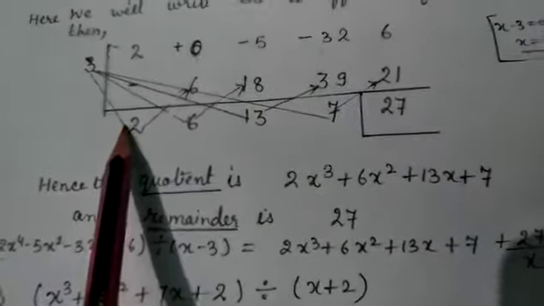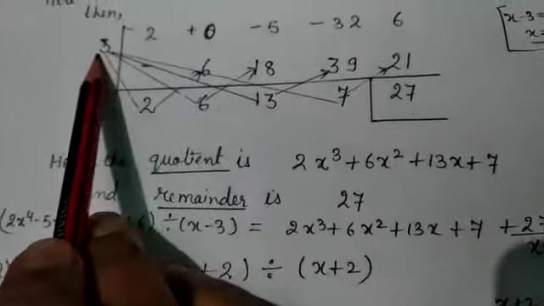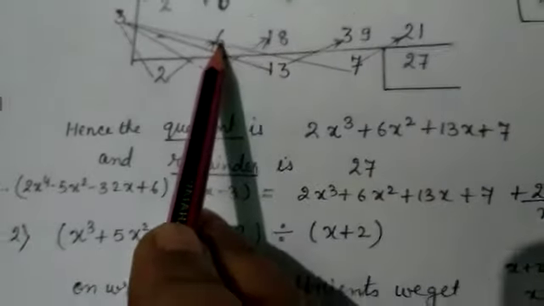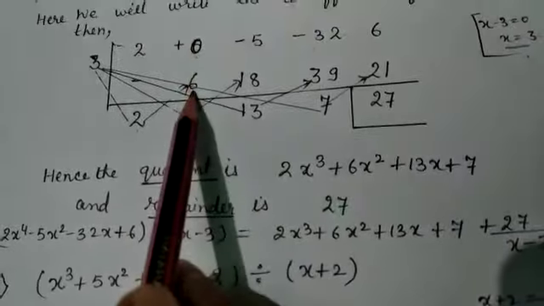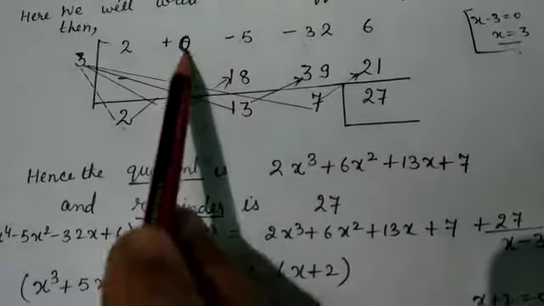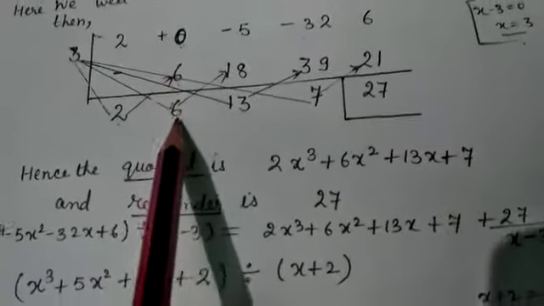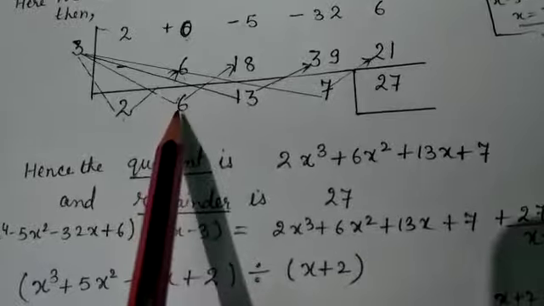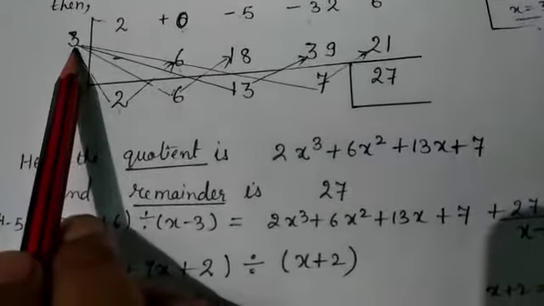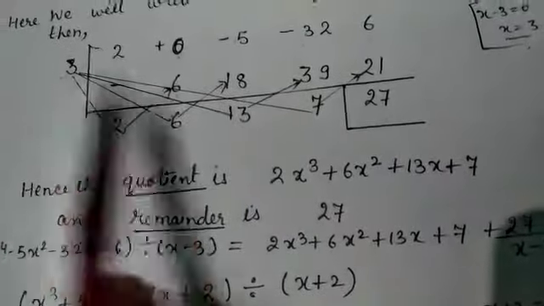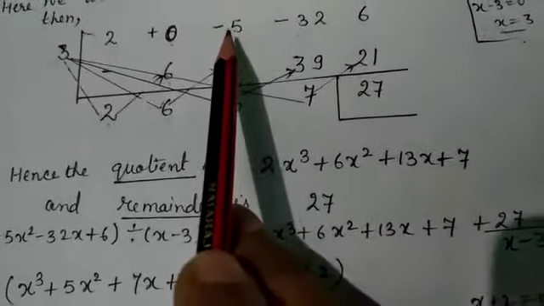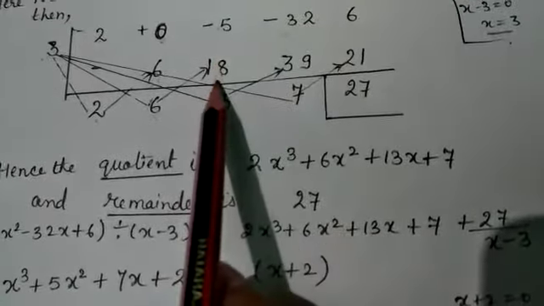We will multiply this 2 by 3. 2 into 3 is 6. Here just below 0 we'll write 6 and then we will add these two. 0 plus 6 will become 6. Now with this 6 we will multiply 3 again. 6 3s are 18. We have to add now minus 5 plus 18.